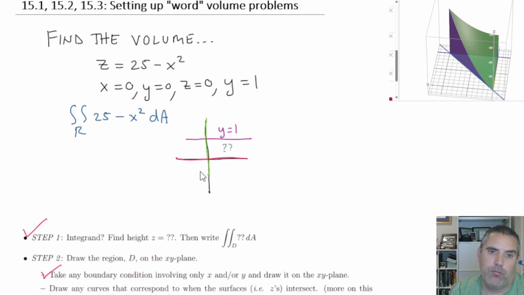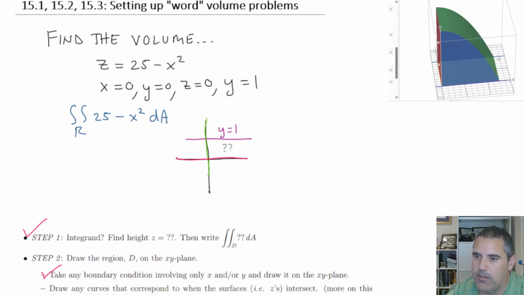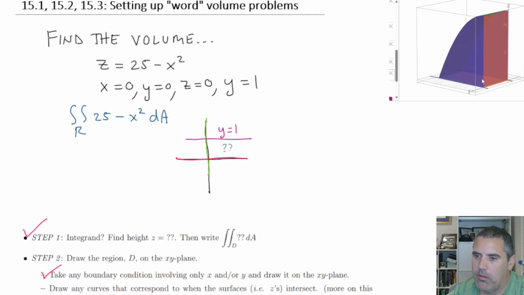Something went wrong. That means one of two things. This actually doesn't enclose a region, in which case the problem doesn't make sense, or it does enclose a region and somehow there's a boundary hiding in there. Now I'm going to show you a picture of this. This is this solid. It does not go on forever.